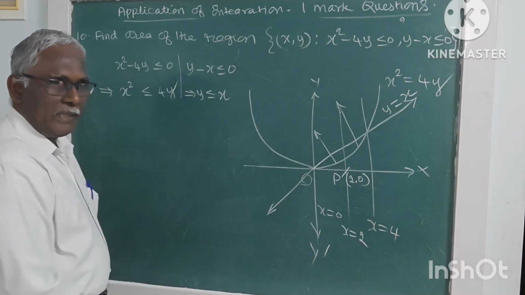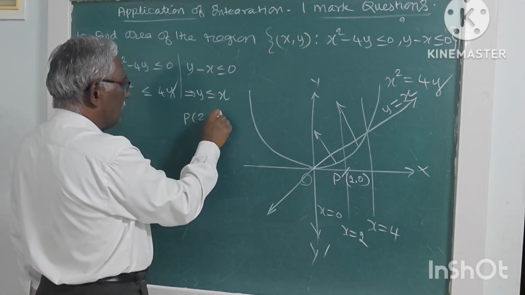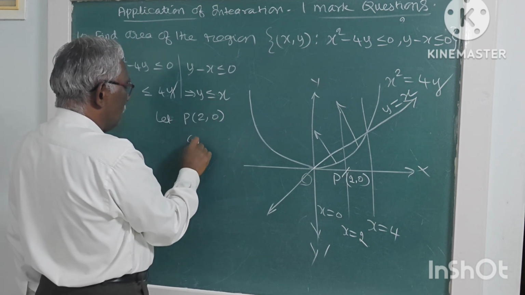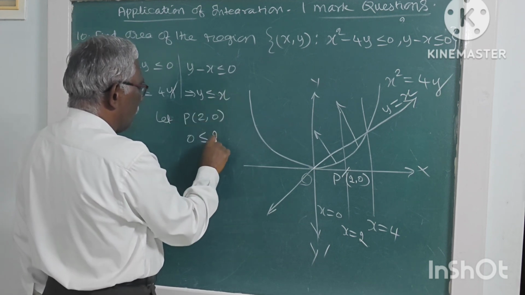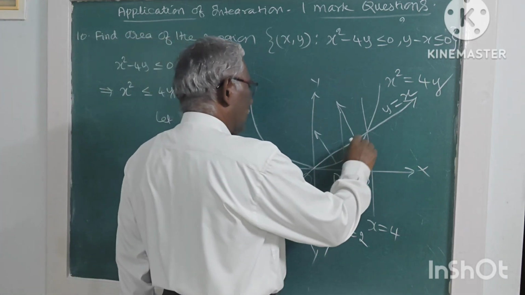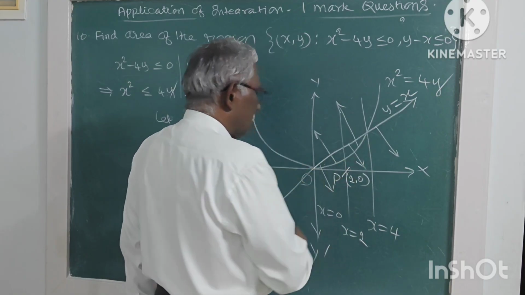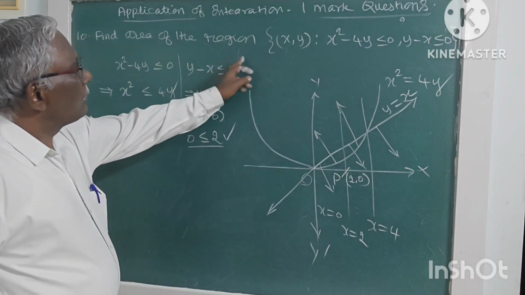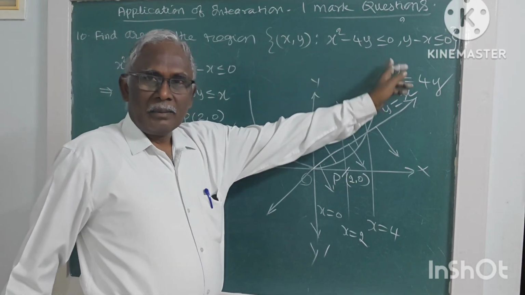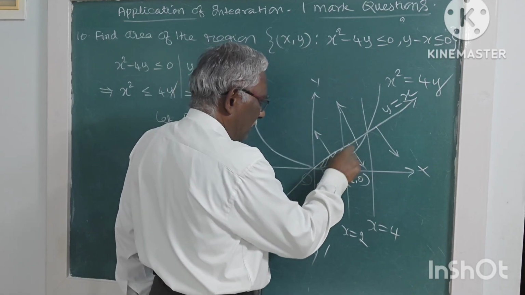Let us see for the line. Again, the same point P, 2 comma 0: y is 0 less than or equal to 2. So this is okay. So for this line, the solution is towards this side. So the set of ordered pairs x comma y satisfying these two conditions is the shaded region.